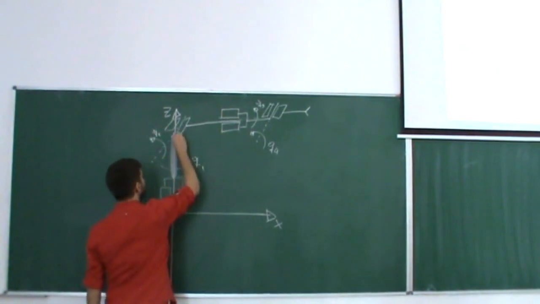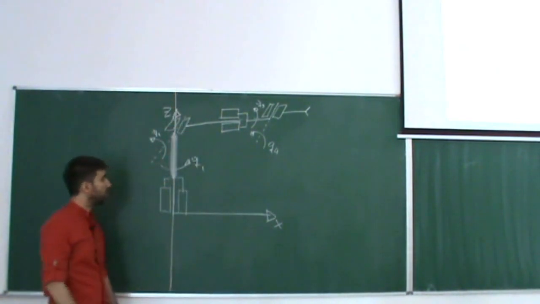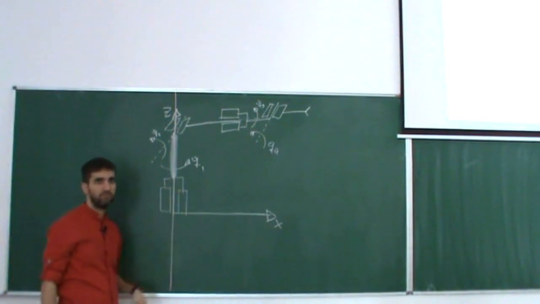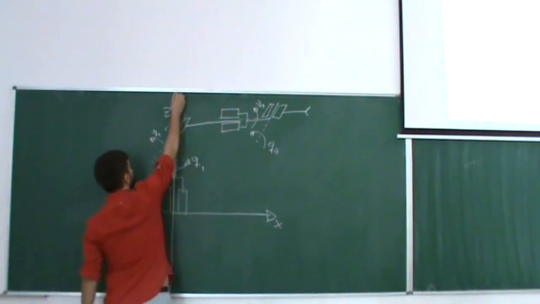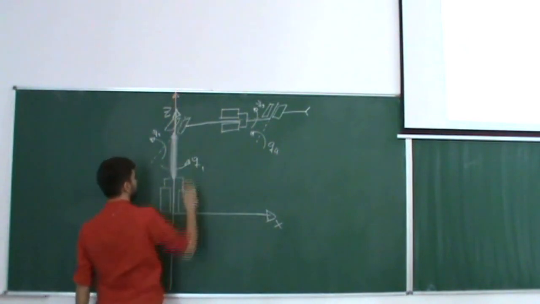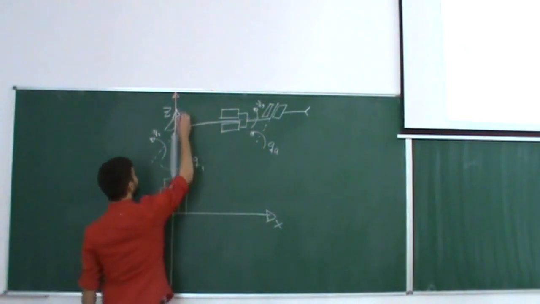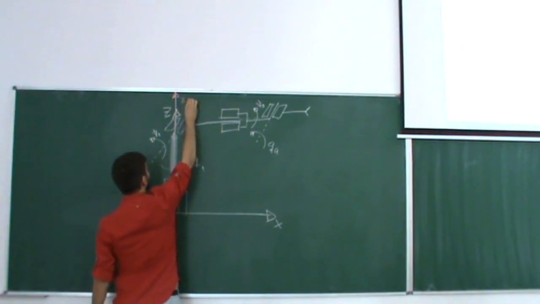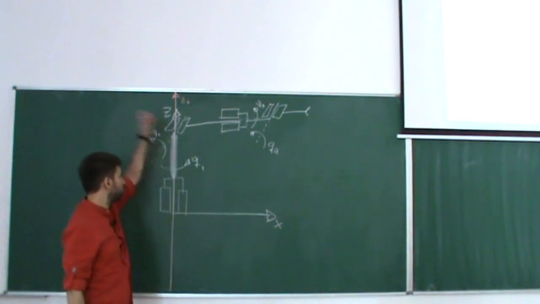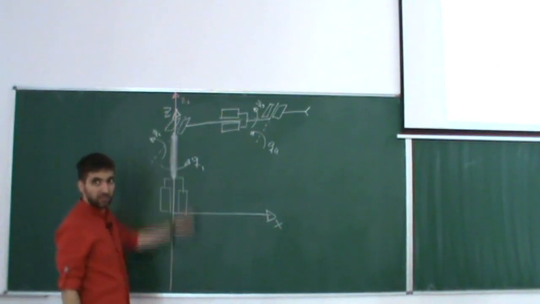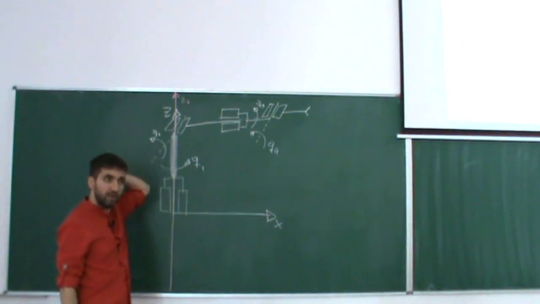Don't forget that, ever. Should it point up or down? Doesn't matter, you choose. Let's say it points up. And I make it so big so it is clear that it goes to infinity. You'll see why. Okay, so Z1 in this direction, pointing upwards, positive.